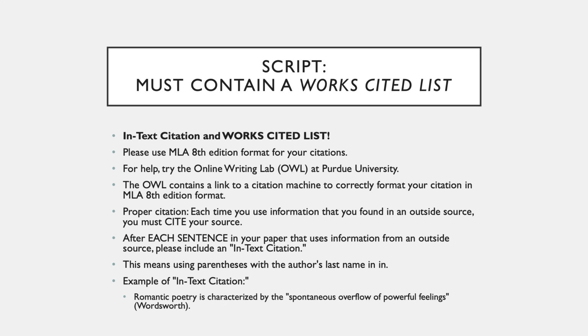Example of an in-text citation: Romantic poetry is characterized by, quote, the spontaneous overflow of powerful feelings, and you found that from Wordsworth, so you're going to put a little in-text citation that says Wordsworth, and on your works cited list at the end, you're going to give me information on how to find that Wordsworth quote.